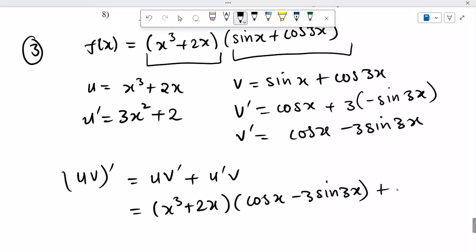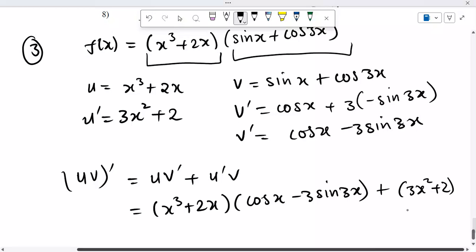Plus, what is our u prime? Our u prime is 3x squared plus 2. Running out of space. Then what is v? V is sine x plus cos 3x.